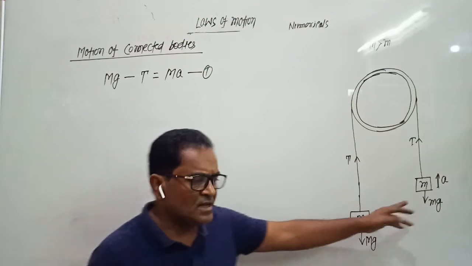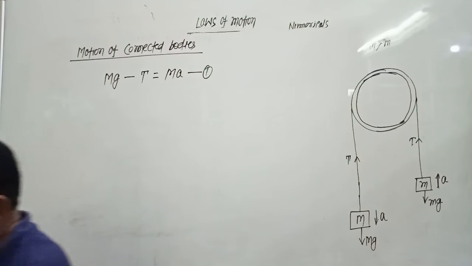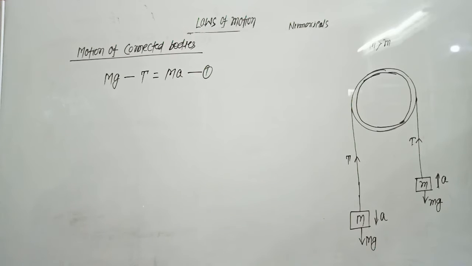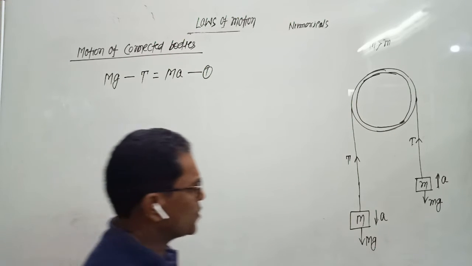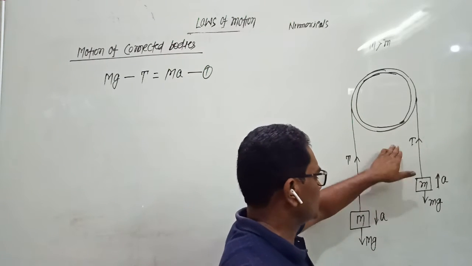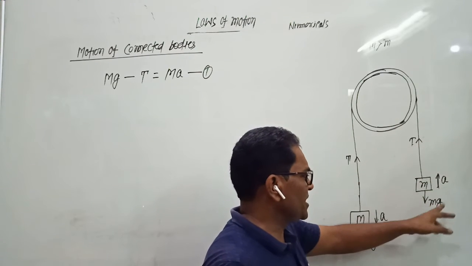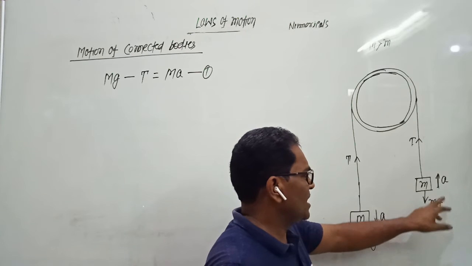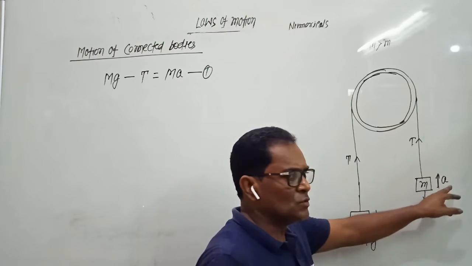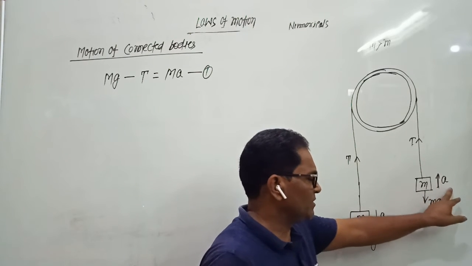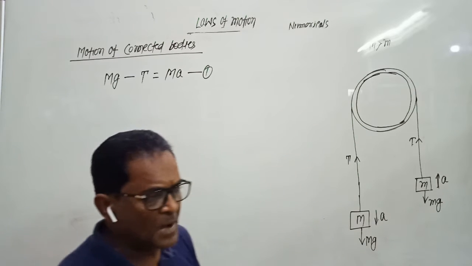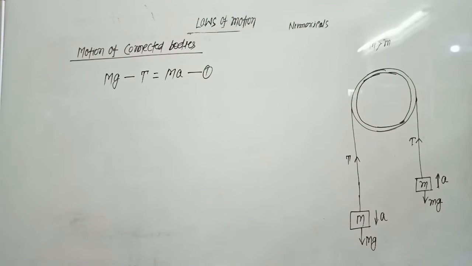Now for the second mass, small m. This mass is going in the upward direction, so the direction of motion is taken as positive. So T is positive, then mg will be negative, and the difference between the two equals the resultant force, small m into a.